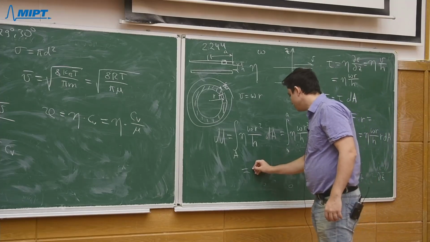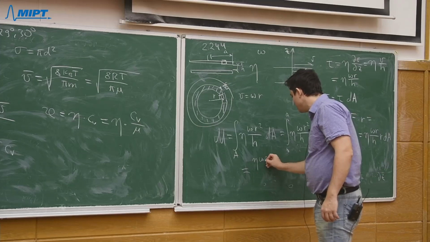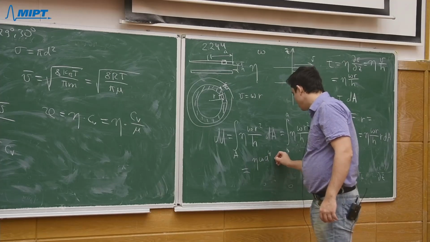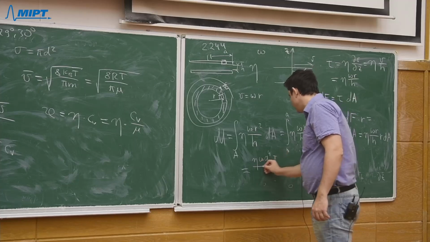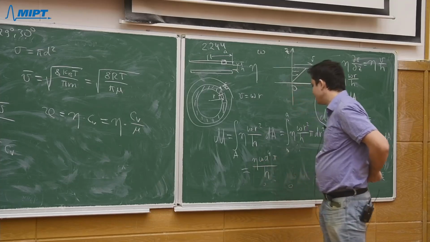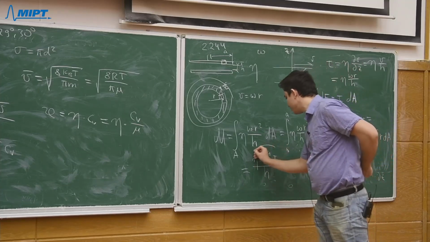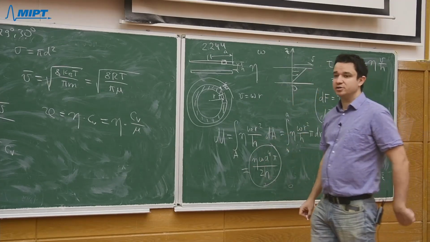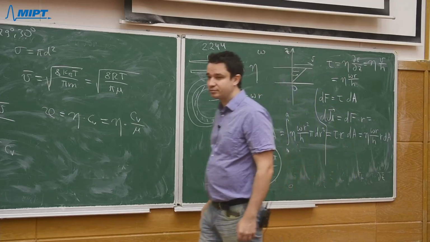So in the end, I have eta omega a to the 4 pi over h. I think this is the final answer. Okay, it's also a coefficient. So that's the end of the solution.